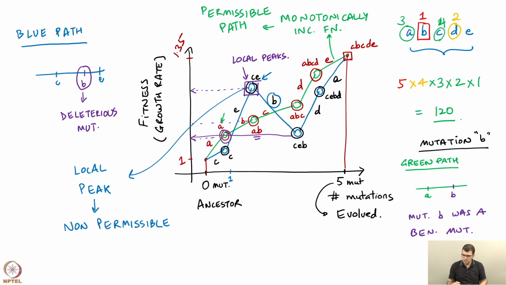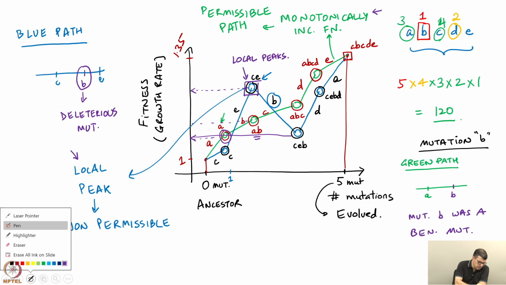Back to our study of Cooper and co-workers, of the 120 paths, we are interested in knowing how many paths belong to this category, the green category, and how many paths belong to this category. As with the previous study of Hartle and co-workers, this study also quantifies all 120 paths and tells us how many belong to the green category and how many to blue.